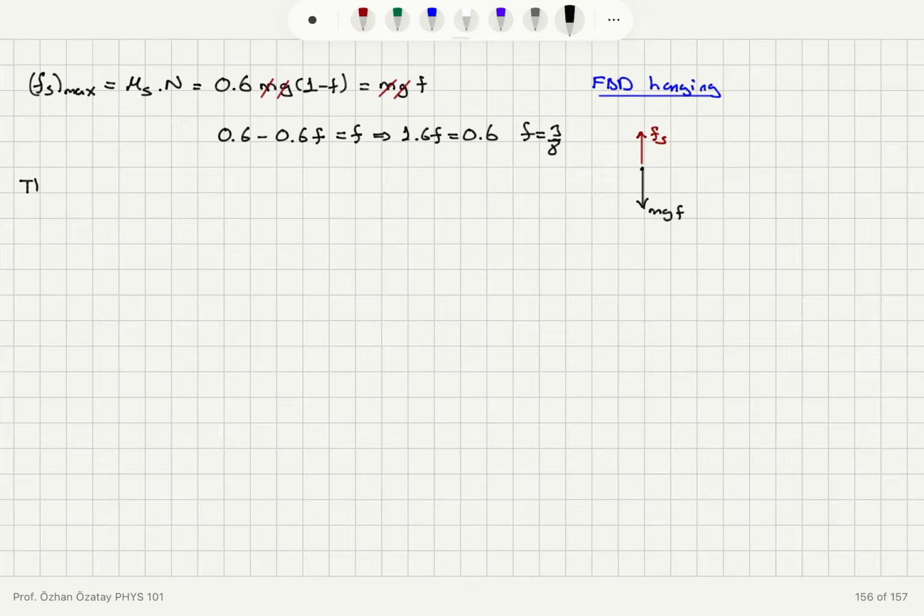So the length that is hanging over the edge should be equal to L times F. It was 8 meters in total, and 3 over 8 is the fraction that is hanging, so it is 3 meters.